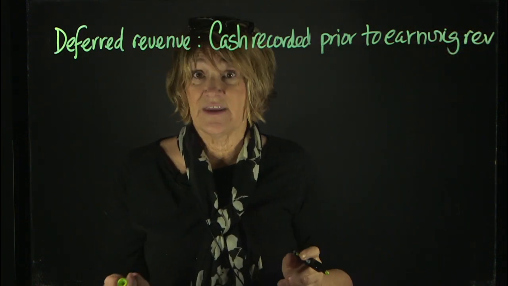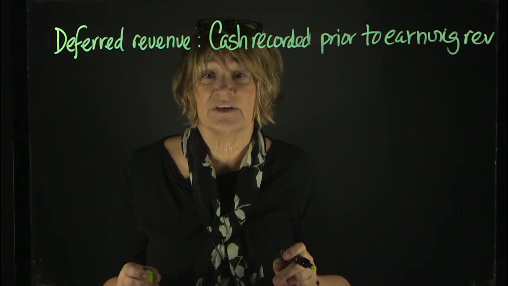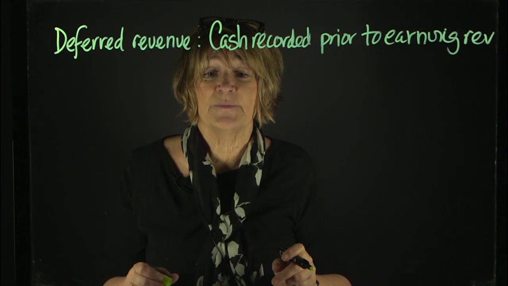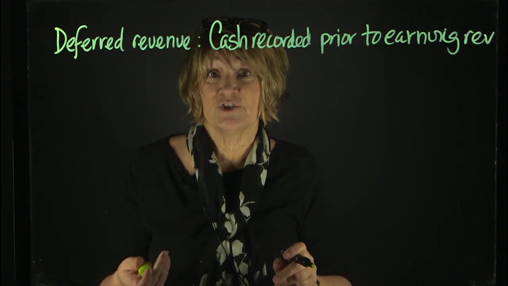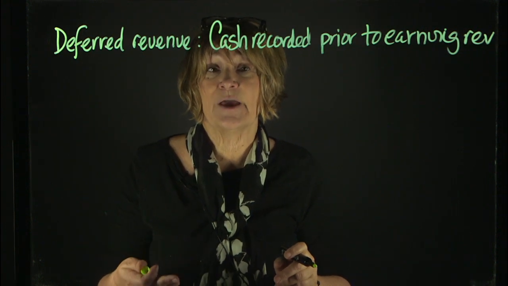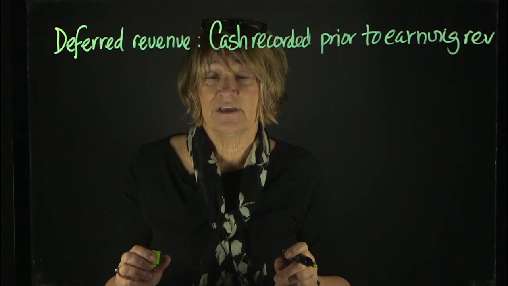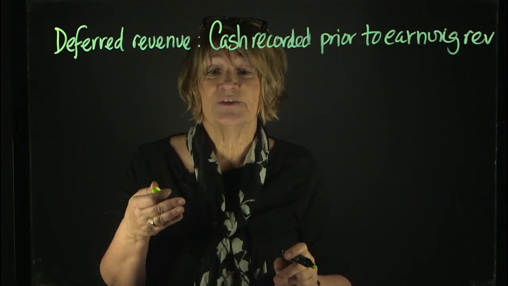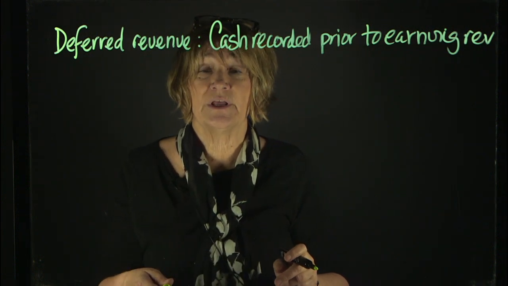Okay? So we've had an example of all already that where somebody gave us a deposit or somebody gave us money and we put that, remember we debited cash and credited unearned revenue. That is in fact an example of unearned revenue. That is the original entry. And that is when somebody gives you money prior to you earning the revenue.